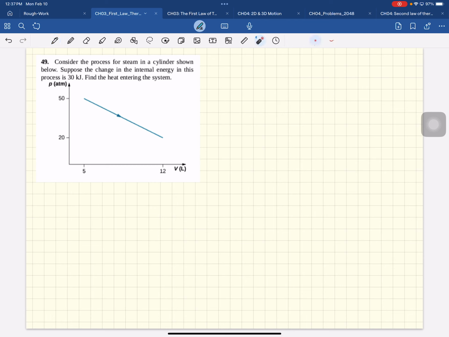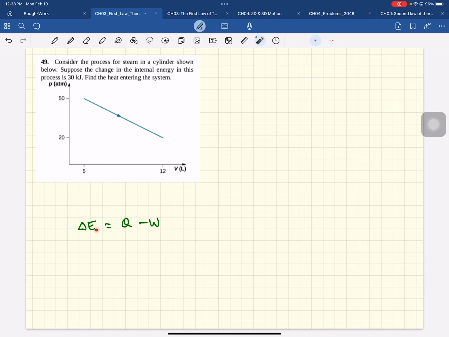All right, so in this problem, it says consider the process for steam in a cylinder shown below. Suppose the change in internal energy in this process is 30 kilojoules. Find the heat entering the system. Again, we are using the first law of thermodynamics.